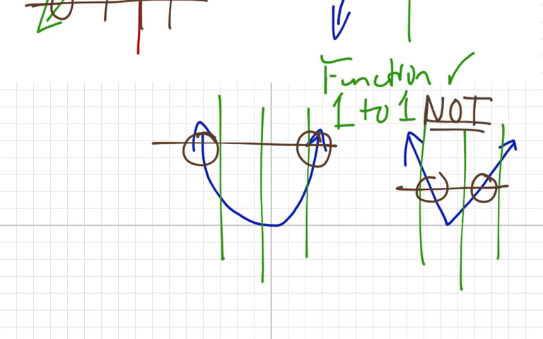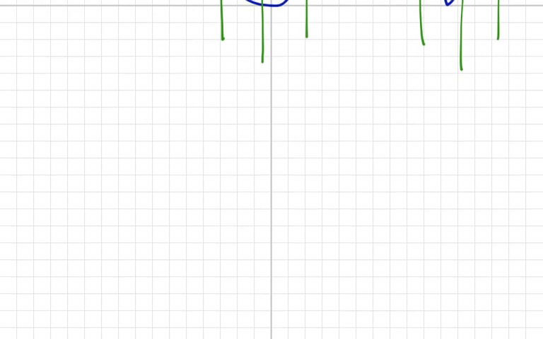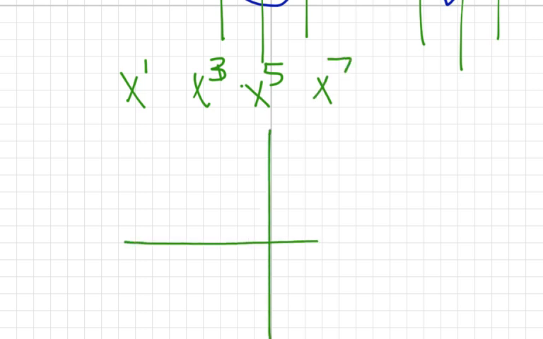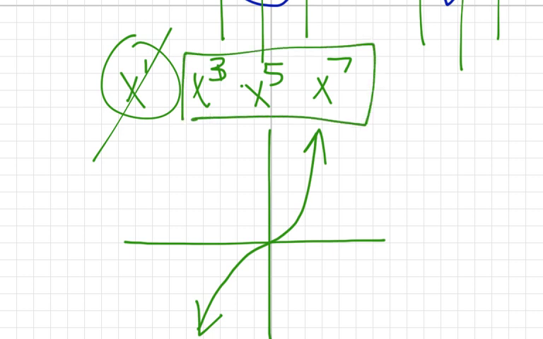Now, pretty much any graph that is a standard x to the first, x to the third, x to the fifth, x to the seventh, all have one-to-one graphs, as long as it doesn't have any other terms other than just x to the third, fifth, and seventh.